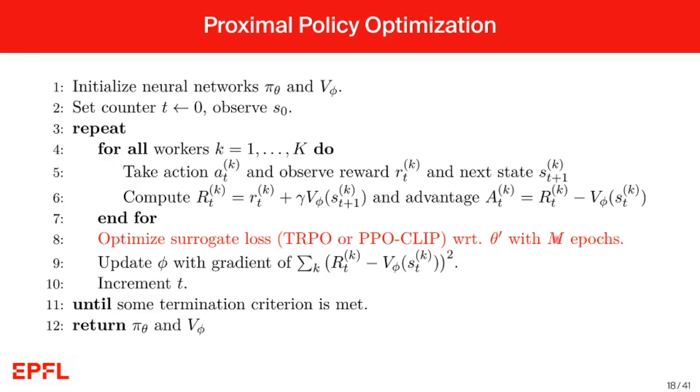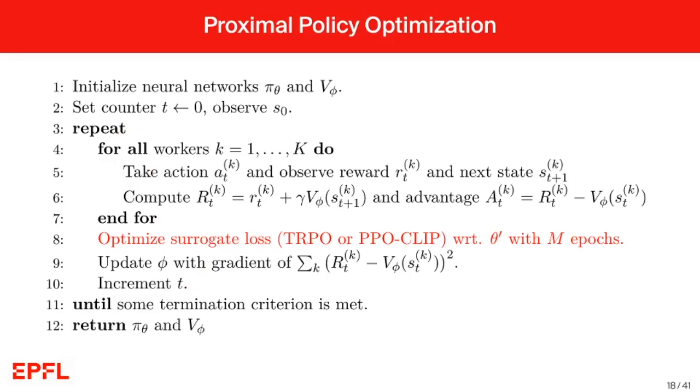So we have now in proximal policy optimization an inner loop where the parameters theta are optimized with a few steps of gradient descent before we increment t and move on to the next step.